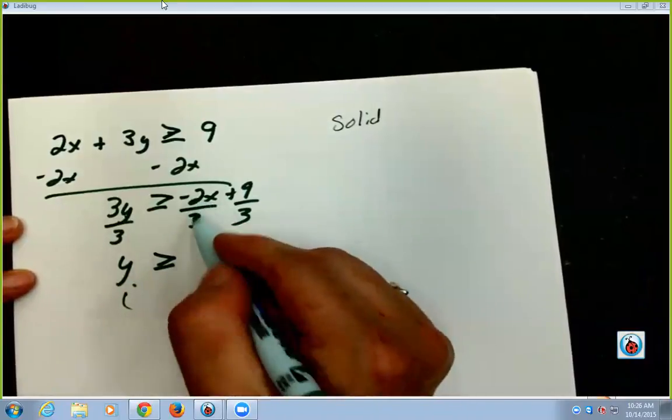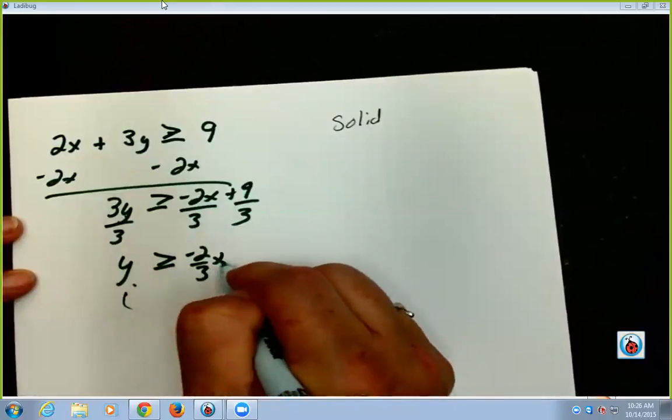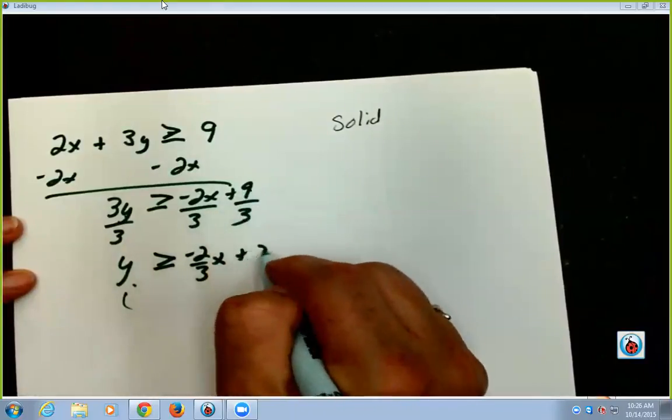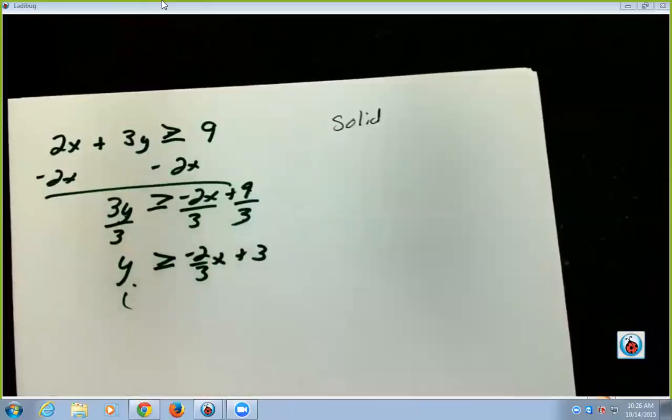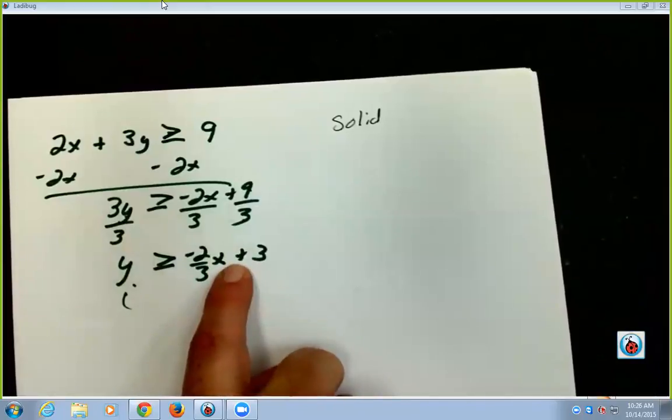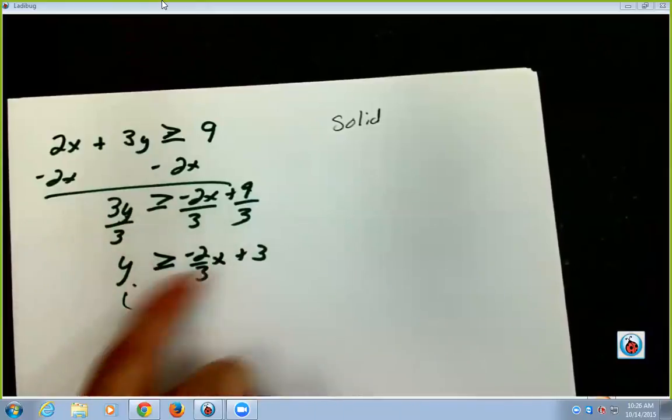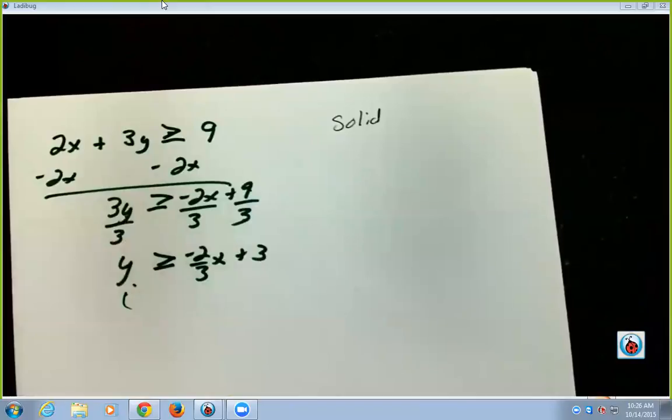So negative 2/3 x. 9 divided by 3 is 3. So now I have something I can graph. All right? And we did this in 4.3, I think, in getting things solved for y and graphing with slopes and intercepts. Okay, so now we got to graph it.